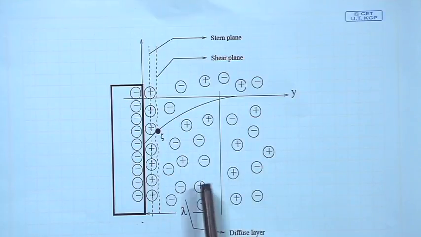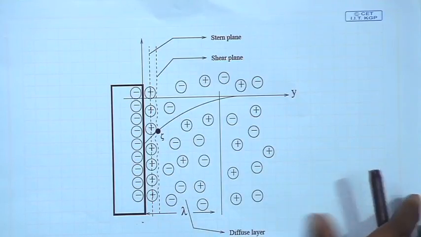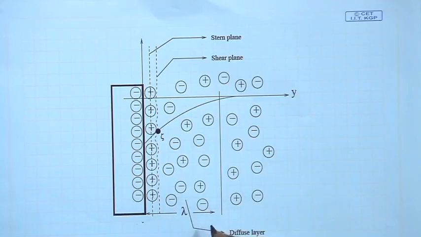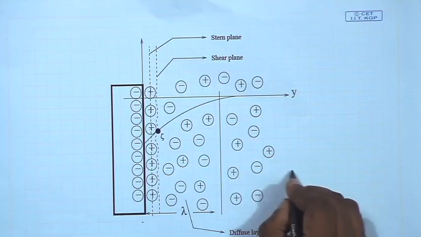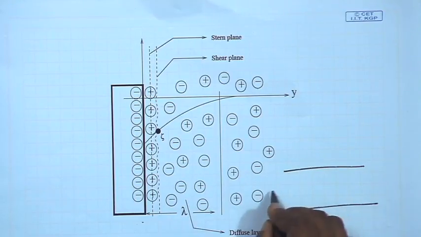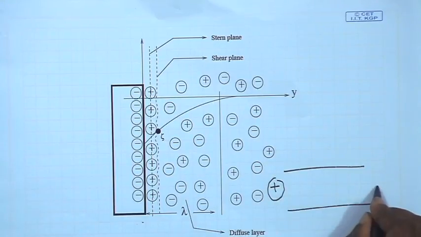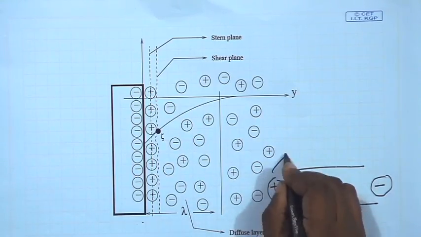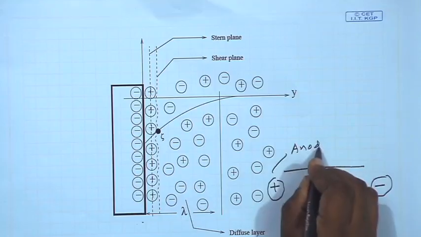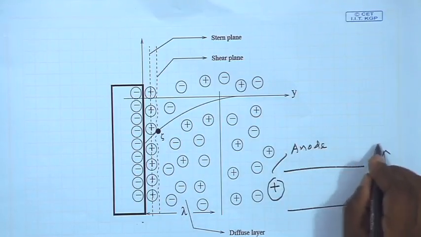These positive ions will get attracted to the negative electrode. Say I take an anode and a cathode here. Let us call this the anode, and this the cathode.